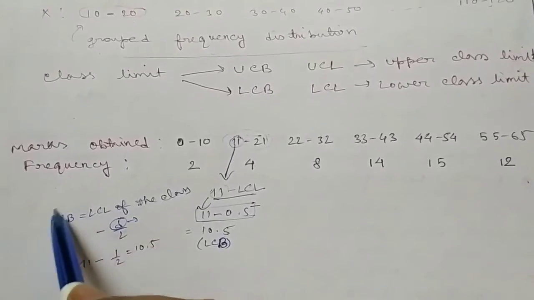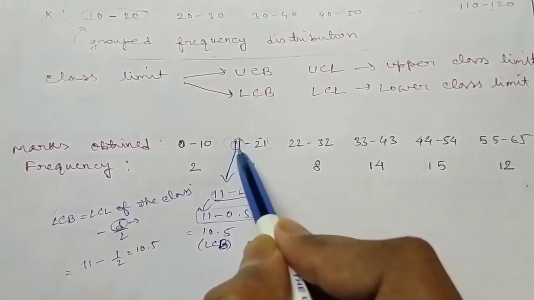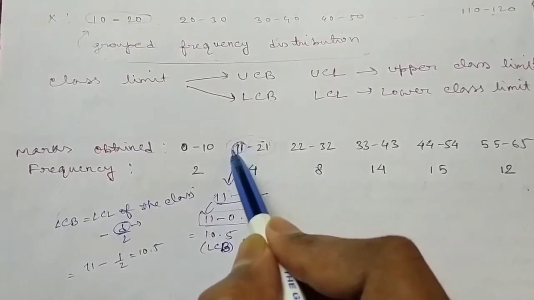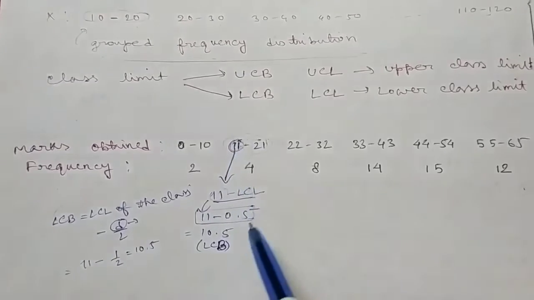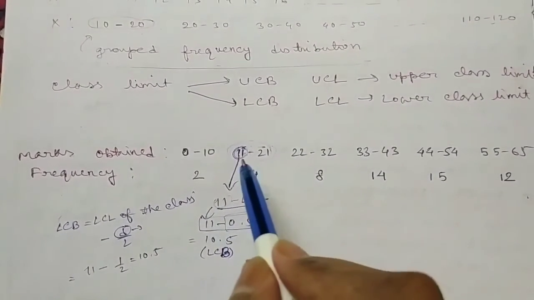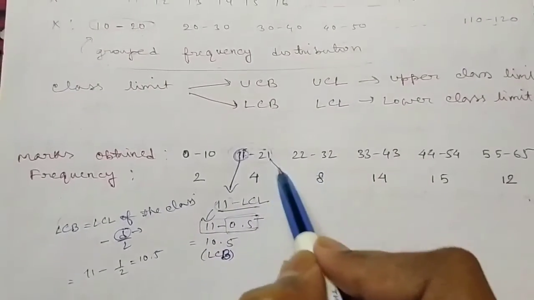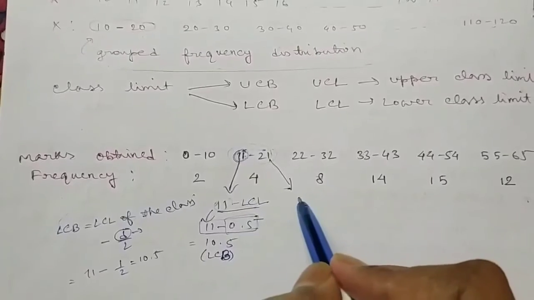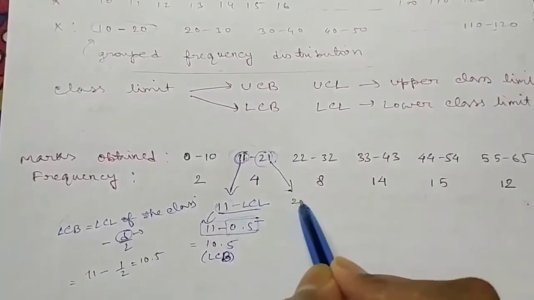You don't need to remember this formula, just remember that if a class has a lower class limit value, then its lower class boundary value will be that value minus 0.5, that is 10.5. And if we take the UCB, its upper class limit is 21.